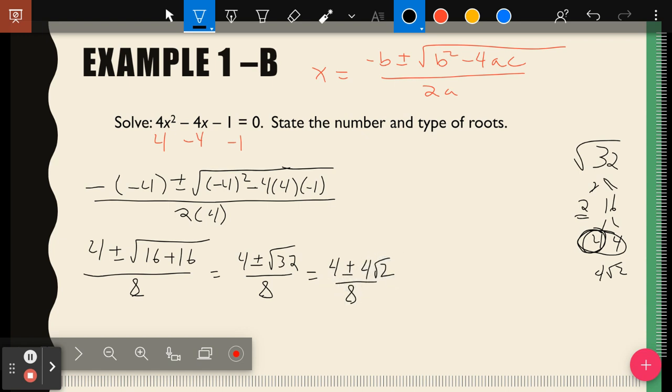Then you can break it down. 4 goes into all those integers. Remember, don't worry about inside the square root sign, just the integers that are not in square root signs. 4 goes into all of them, so it becomes 1 plus minus root 2 over 2. That's my answer, and that's just 2 real roots.